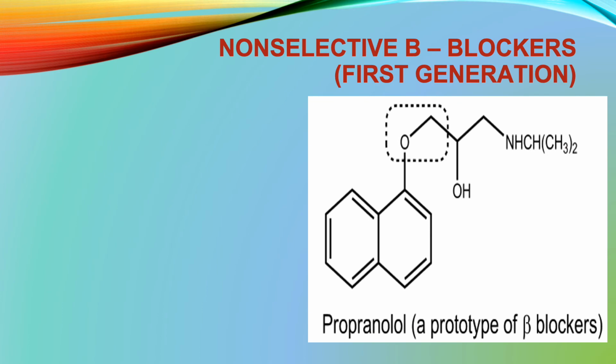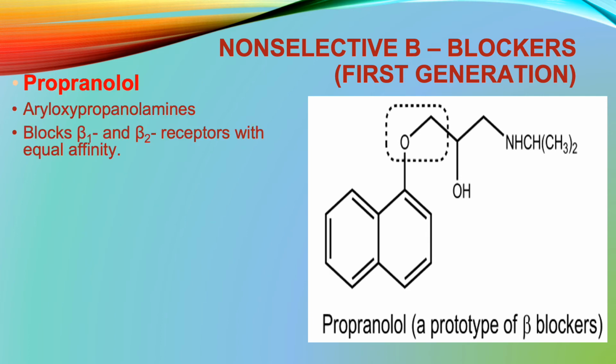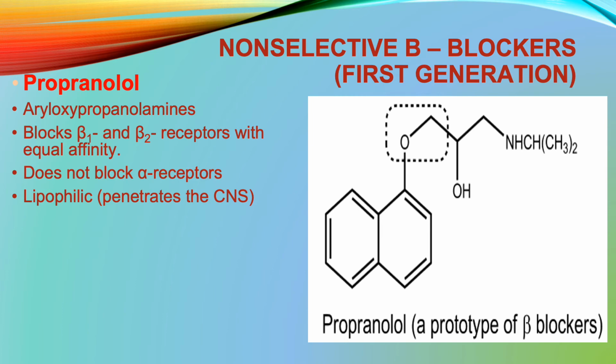Now let's discuss in detail our non-selective beta blocker, the first generation propranolol, the prototype of our beta blockers. Propranolol has a pharmacophore of aryloxypropanolamine that blocks both beta 1 and beta 2 because it has equal affinity to beta 1 and beta 2.